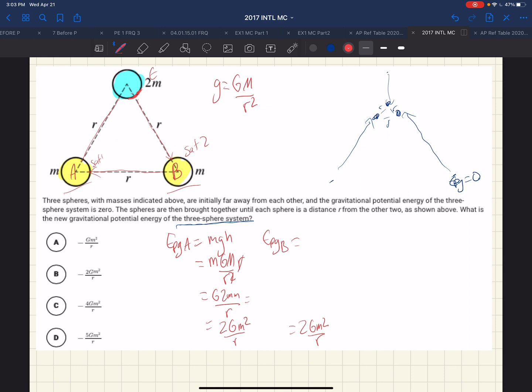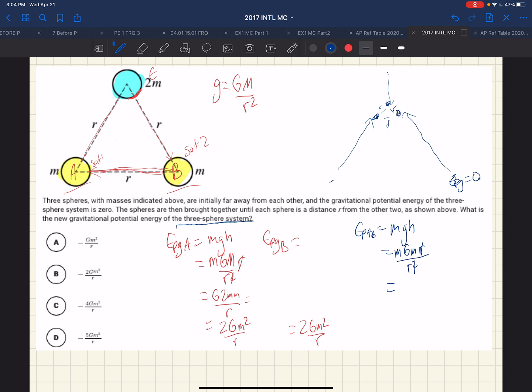And now, if we consider these two, we have the potential energy of A and B, and that is going to be mgh, where m, we'll say, is B, so that has a mass of m, and G is big G, big M, but the big M is the other one that has a mass of m, times the distance, which is r, all over r squared.